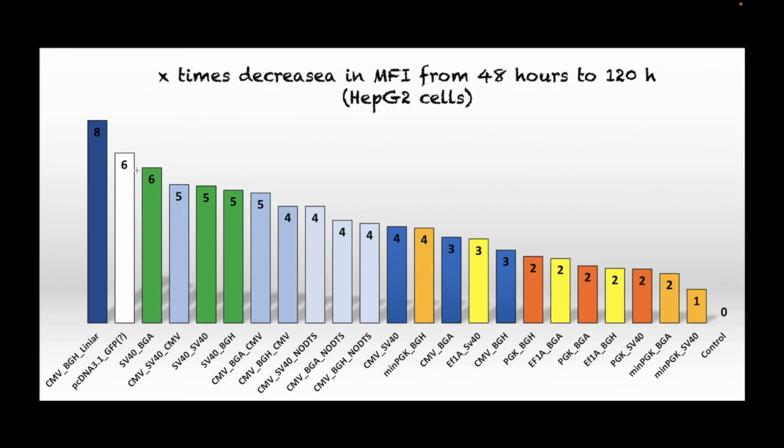So if I transfect with this particular plasmid, and let's say I get a median fluorescence intensity of 100,000 at 48 hours, at 120 hours I will have a median fluorescence intensity of 50,000, as opposed to pcDNA or any other of these plasmids, which will be severely lacking in expression. So this would basically be like, I don't know, 2,000 or something like that, to 20,000 or something like that. So this decreased 6 times, this only decreased 2 times.